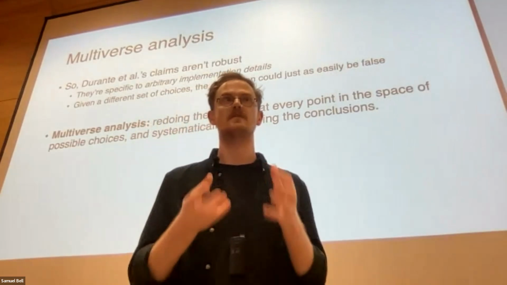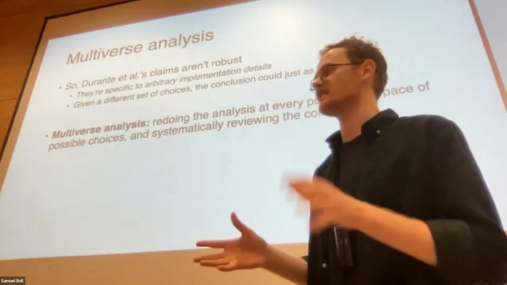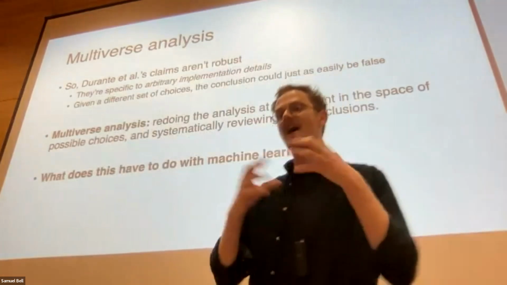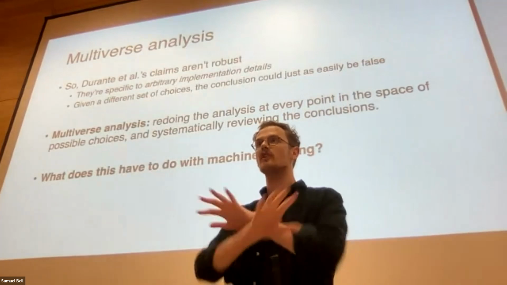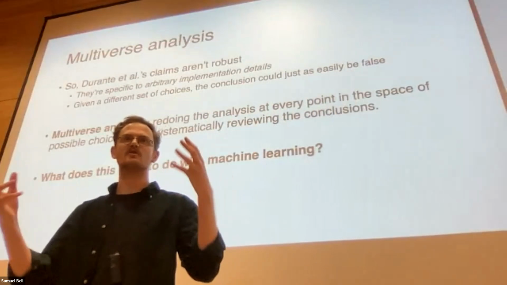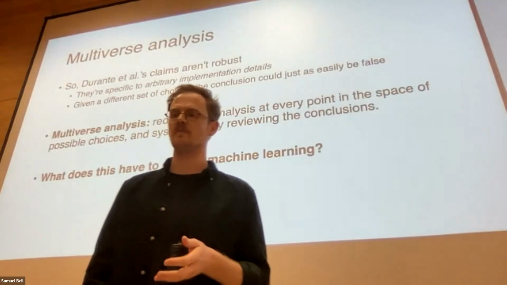It's to redo the experiment at every different point in the space of possible choices, and to systematically review the conclusions. If we have conclusions that are robust and that are general, they'll hold throughout the multiverse. You'll get a big gray grid. Whereas otherwise you'll see this kind of thing where the conclusions vary with the arbitrary choices.